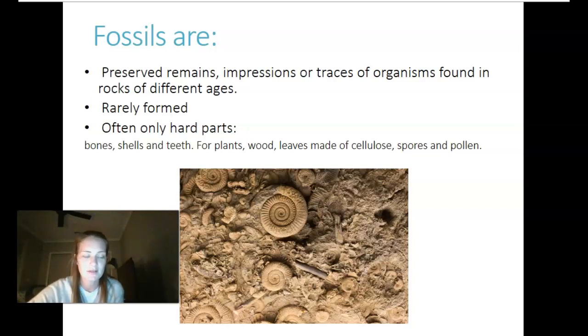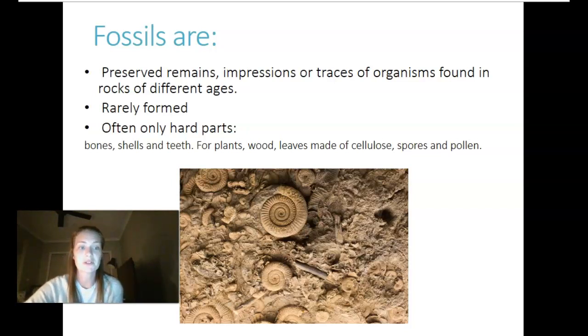There's an endless number of fossils being discovered and have been discovered. But they are not commonly made. Conditions have to be perfect for the fossilization process to take place. Because of that, given an organism's environment at the time of death, there are species that we will never know about because they didn't fossilize.